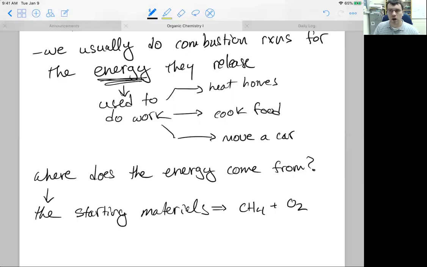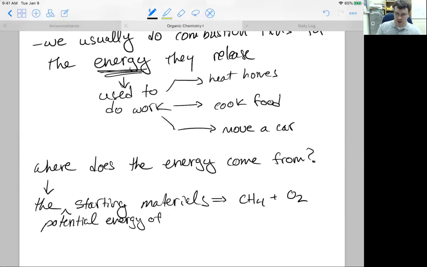So CH4 and O2 aren't moving necessarily any differently than the CO2 and water products. It's not like they're coming in with a ton of kinetic energy, which means that it's the potential energy of the starting materials.